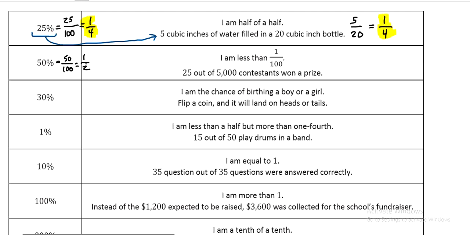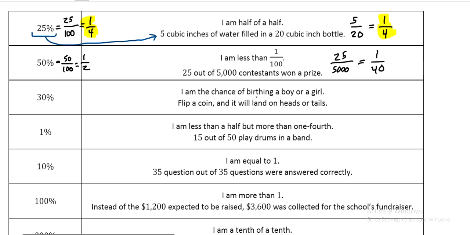It is not. 1 over 2 is greater than 1 over 100. Let's check out the second statement. Does it match this fraction? 25 out of 5,000, that'd be 25 over 5,000, which reduces to 1/40th. So that does not work. 1/2 is not 1/40th. We have to keep going.